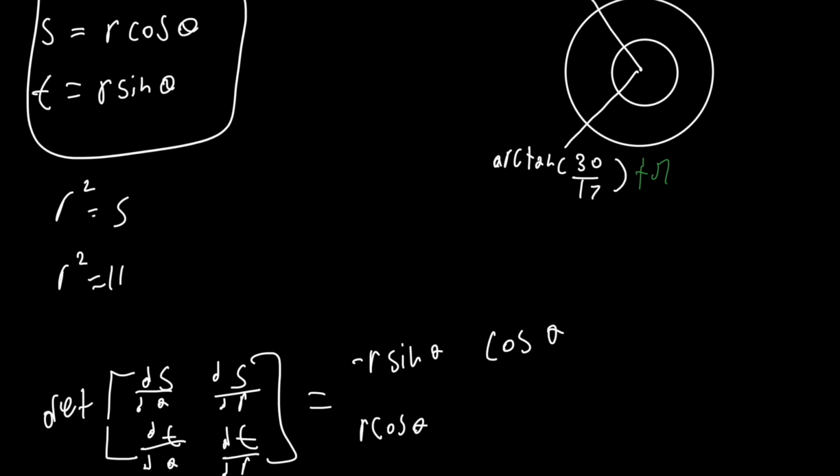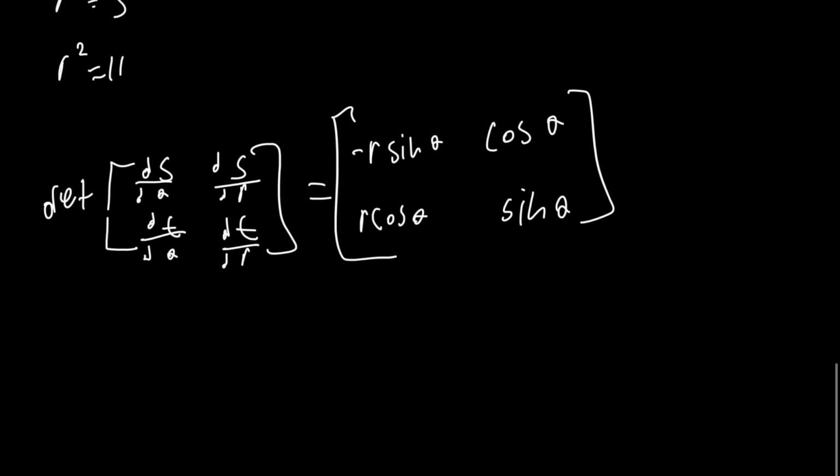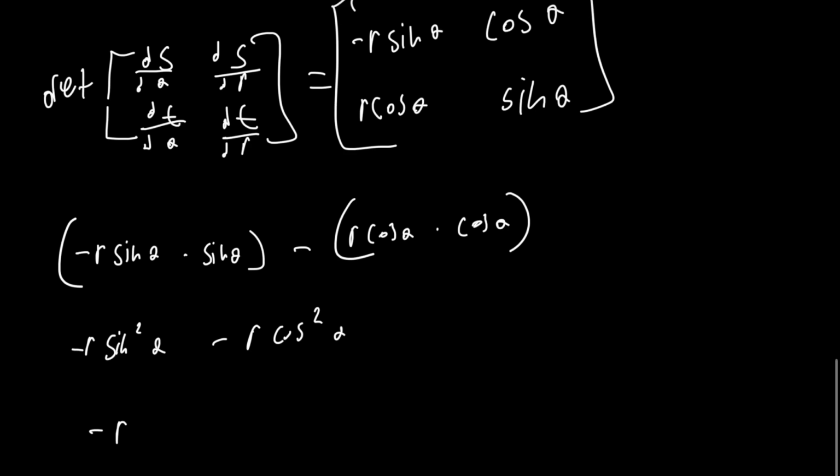And dt dr is sine theta. I'm actually going to show my work right now because it is a bit hard to understand. So negative r sine theta times sine theta minus r cos theta times cos theta. So these combine. So negative r sine squared theta minus r cos squared theta. Pull the negative r out.